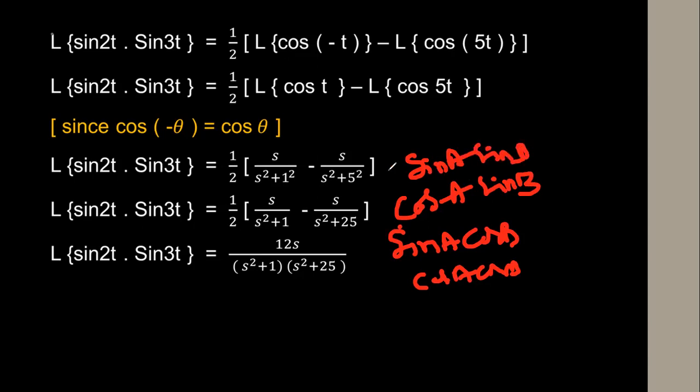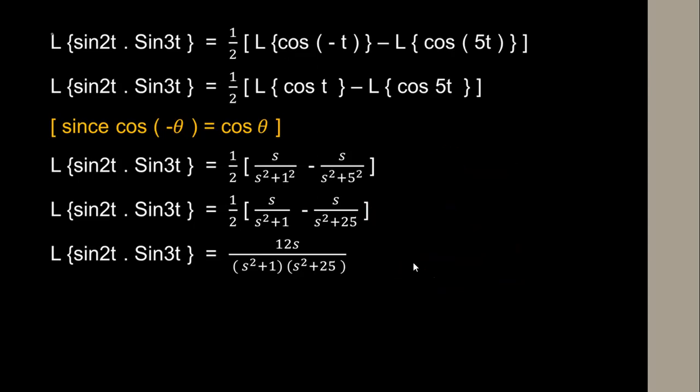For all these functions we don't have the 2 multiplied to the function. That's why we have to multiply and divide by 2 in order to convert into the basic formula, so that then only we can apply the linearity property to these functions in order to simplify by using the Laplace transform.